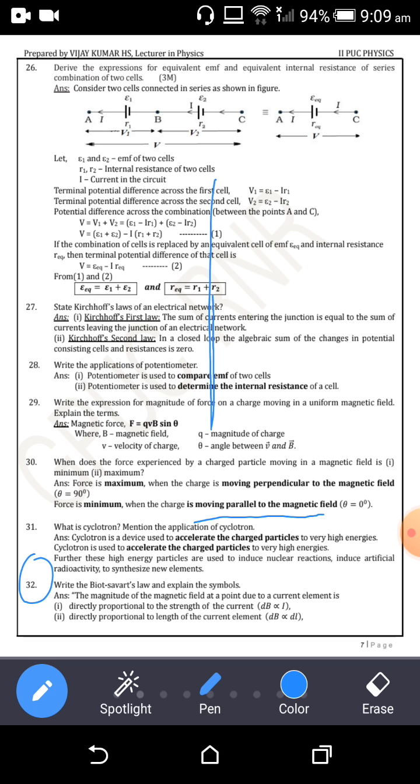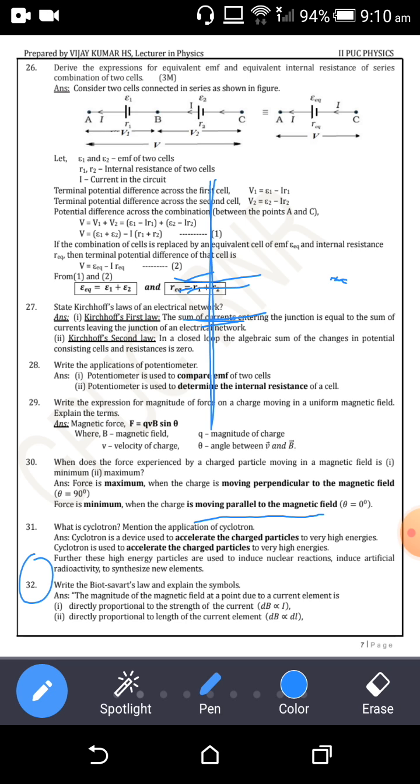Suppose this is my conductor, a current carrying conductor, and I need to find the magnetic field at this point. I'll consider a small current element of this and find the magnetic field at this point due to this small element.